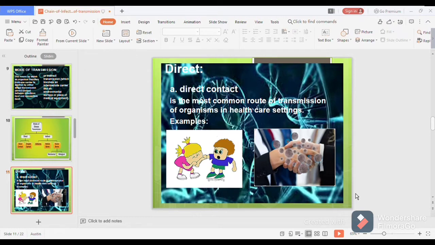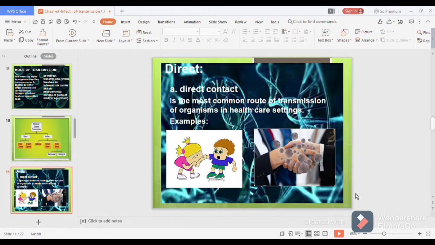And the next illustration is shaking hands. So shaking hands is one of the modes of transmission that we get easily from the carrier, which is person 1 transmitting to the other hand, which is person 2.